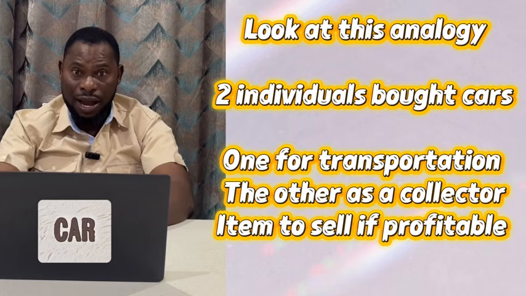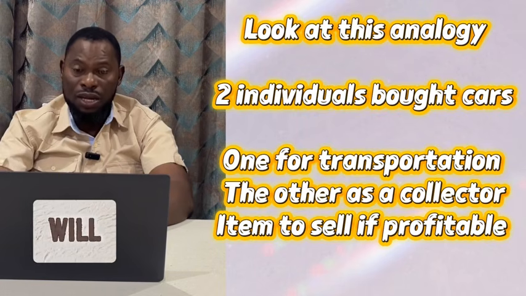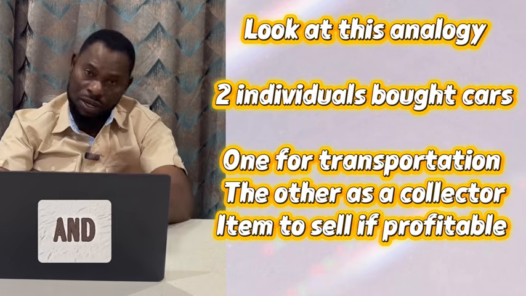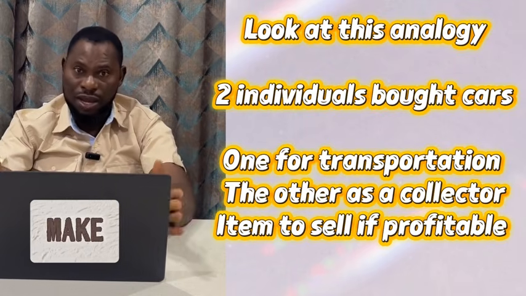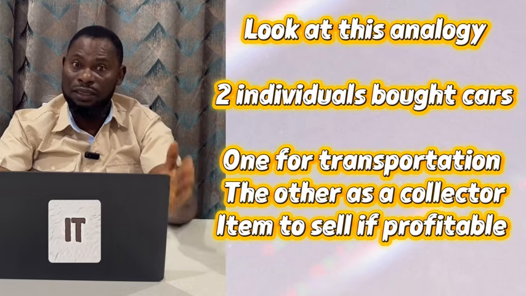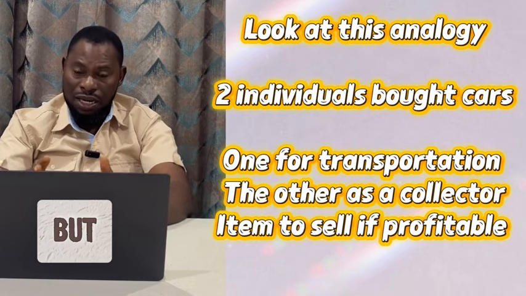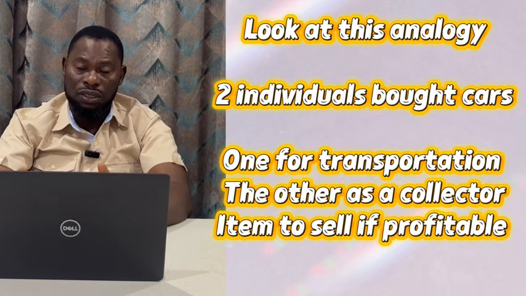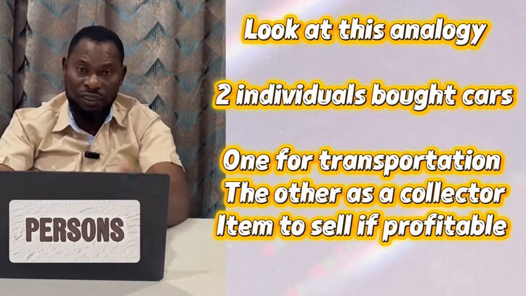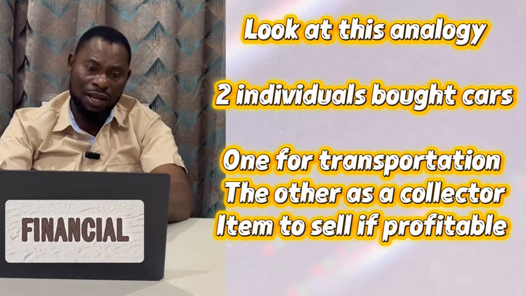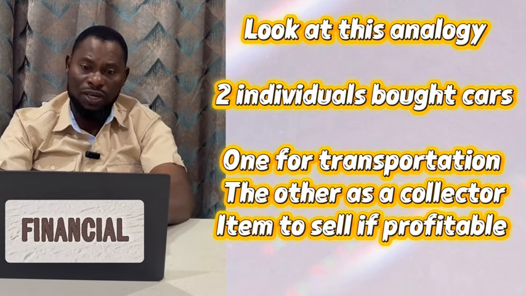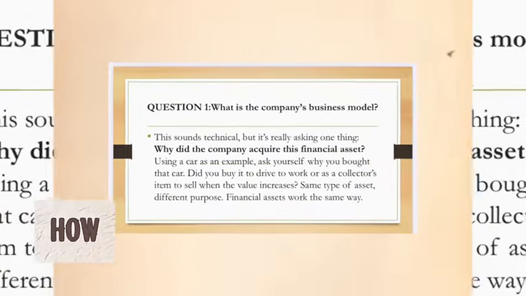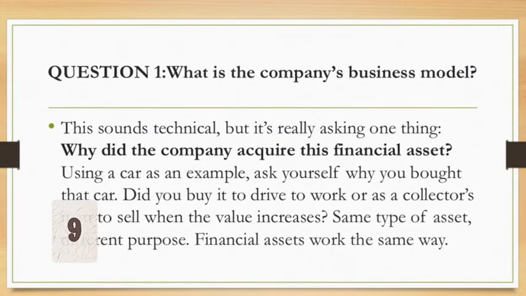He acquired that car to see if the car will increase in value, and then he will sell it and make a profit. So you can see that it is the same asset, but the intention behind the acquisition differs between these two persons. That is how a financial asset is, and that is how IFRS 9 can be understood.